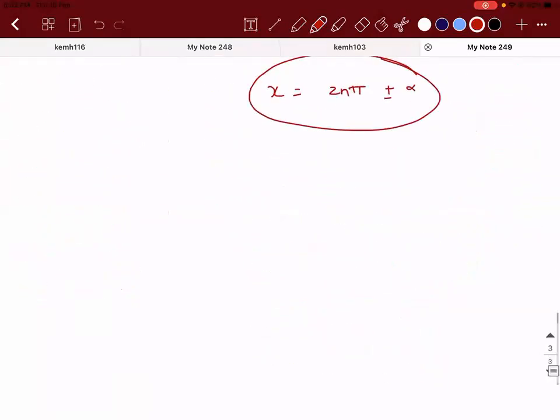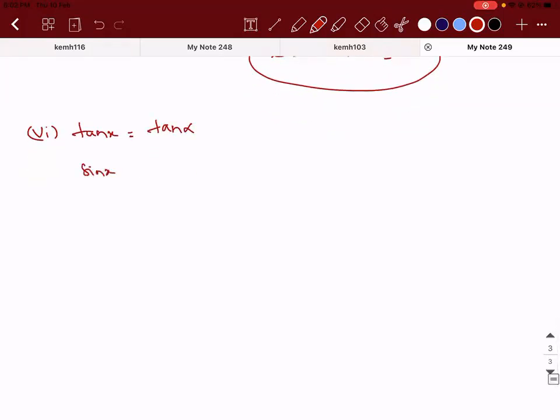That's it. That is what you're supposed to do. Okay. Shall I do the last one also? Sixth one. Tan x is equal to tan alpha. Okay. So tan x I can write as sin x by cos x is equal to sin alpha by cos alpha. Cross multiply: sin x cos alpha minus cos x sin alpha is equal to 0.